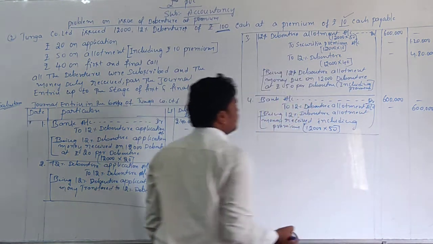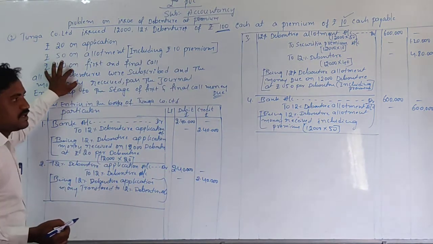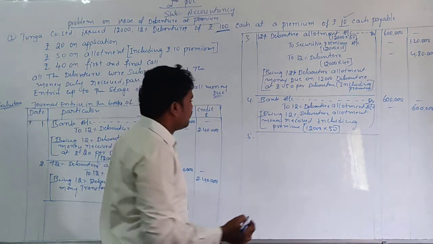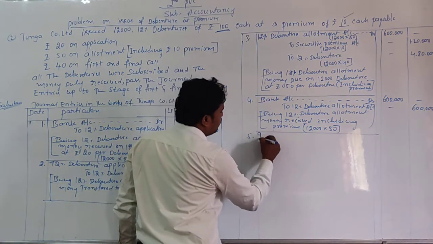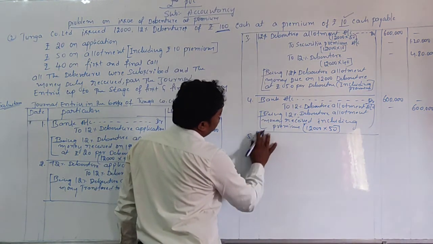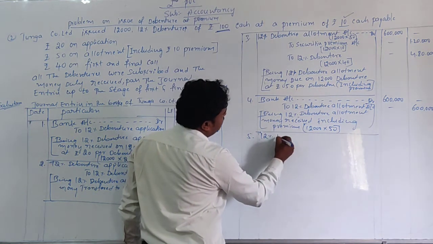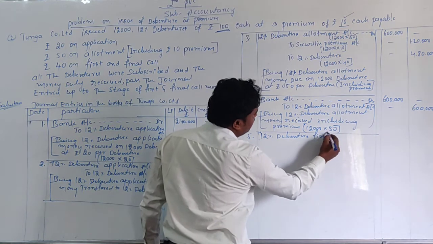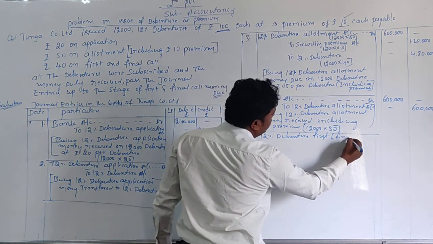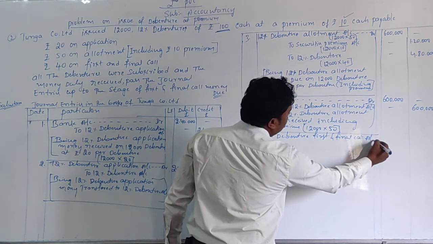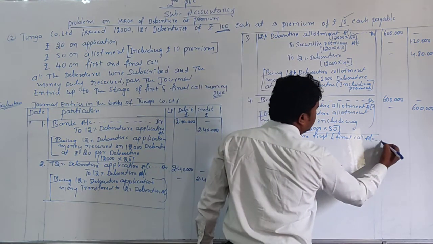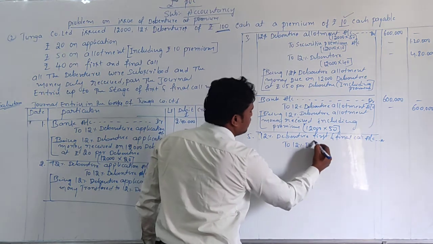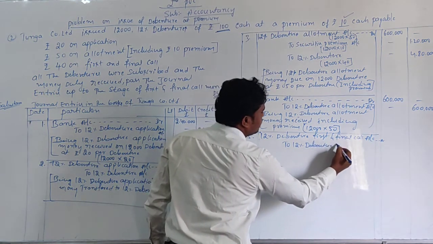Next, first and final call. For first and final call, two entries, first for due: 12% debenture first and final call account debit to 12% debenture account.